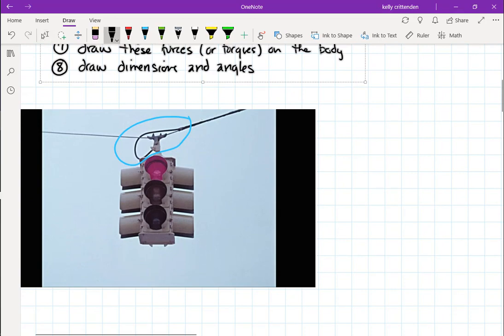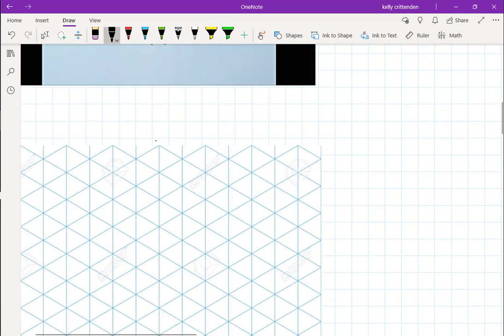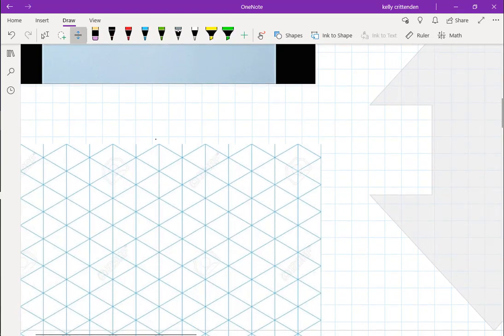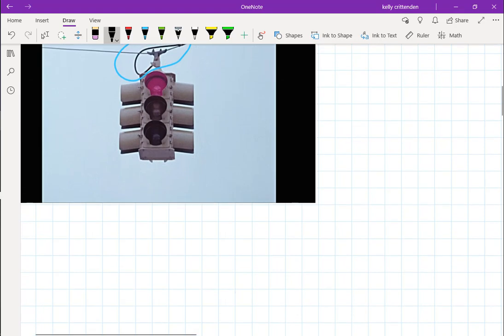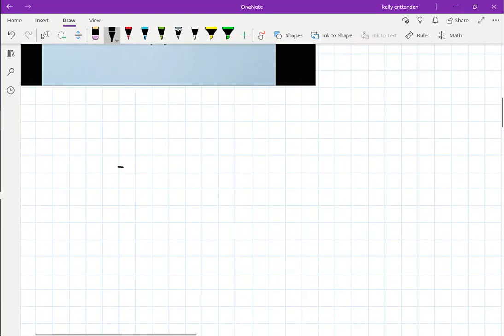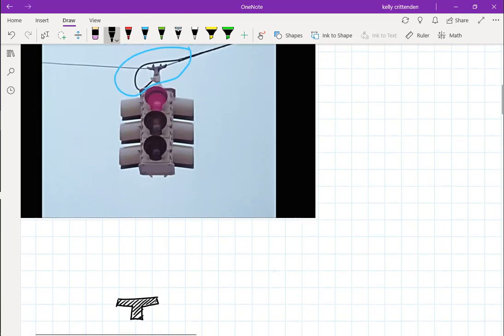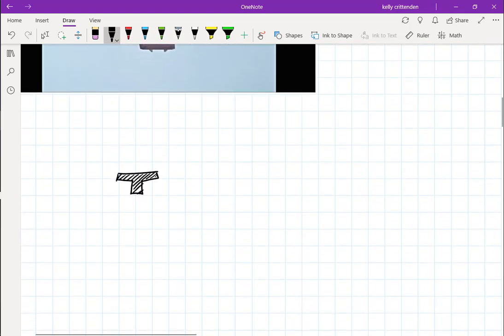All right, so I'm going to draw something that represents this guy. Let's make us some more room. We don't need this stuff yet. So let's move that down. So it kind of looks like, I don't know, kind of like a little T. So there's the little body of interest. We can do whatever we want to with it. It had some cables coming off of it, so you could actually go in there and draw something that looks like a cable.